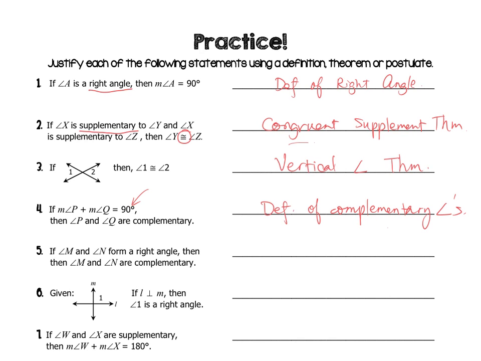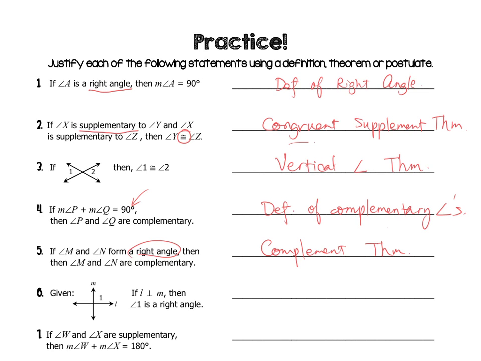And look at number 5. Surprise, surprise. If angle M and angle N form a right angle, then these two angles are complementary, and this is my complement theorem. I misspoke.